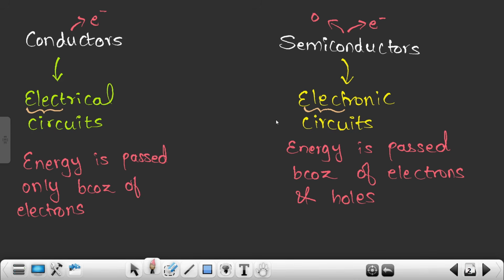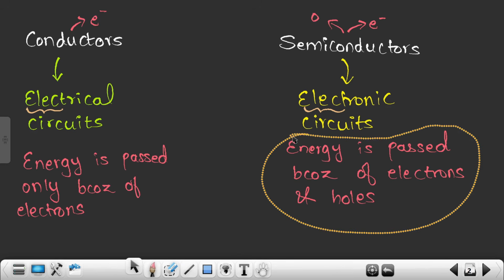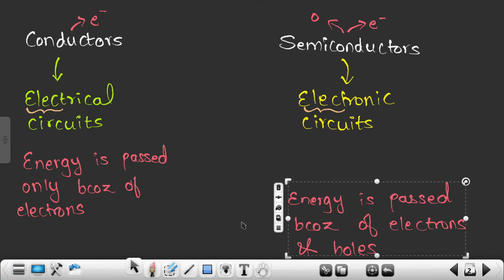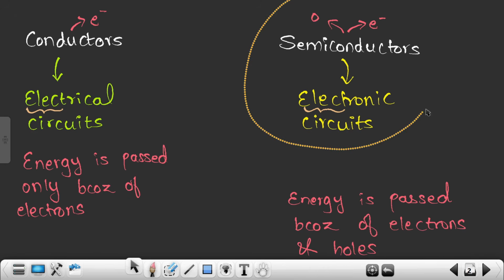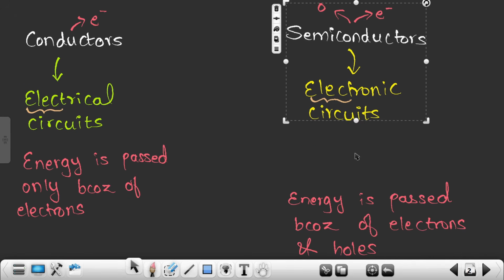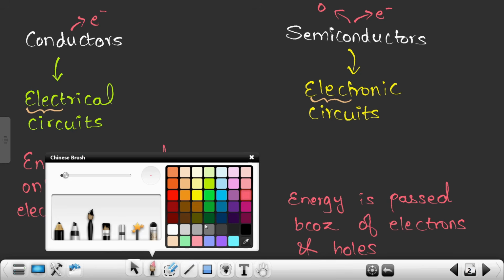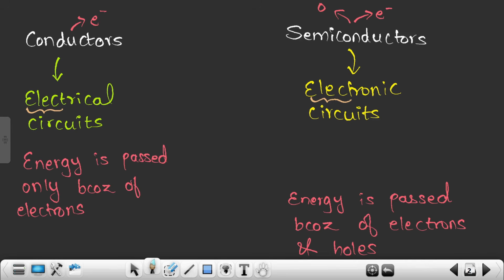Now let's further discuss the topic of electronic circuits. Let me move this a little above so that I get enough space. When I talk about electronic circuits, they are further divided into two, that is analog electronics and digital electronics.